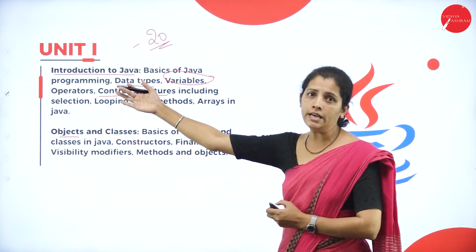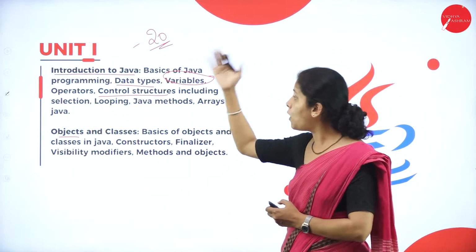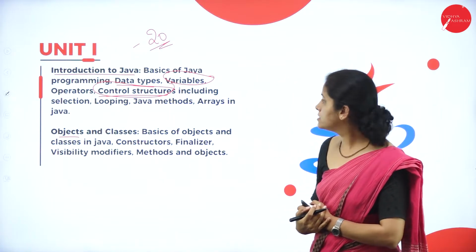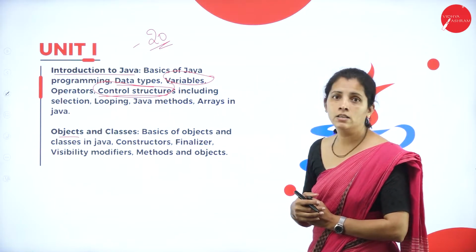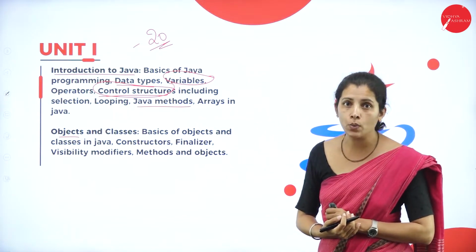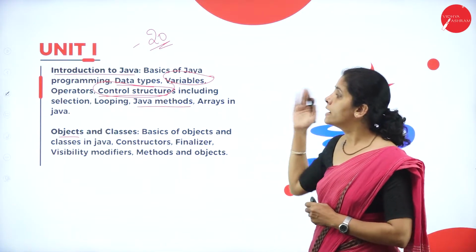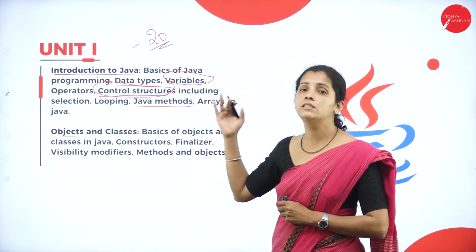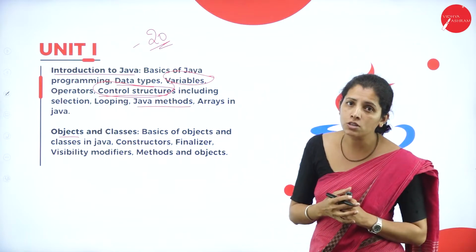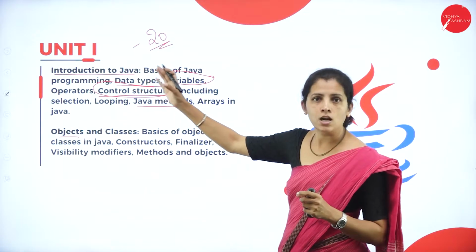We are going to study for loop, for each, while, do while, all those things under control structures. Along with that, we are going to discuss Java methods as well as arrays in Java. That means how can I create arrays in Java, how to access array elements, all those things we are going to deal with under chapter 1.